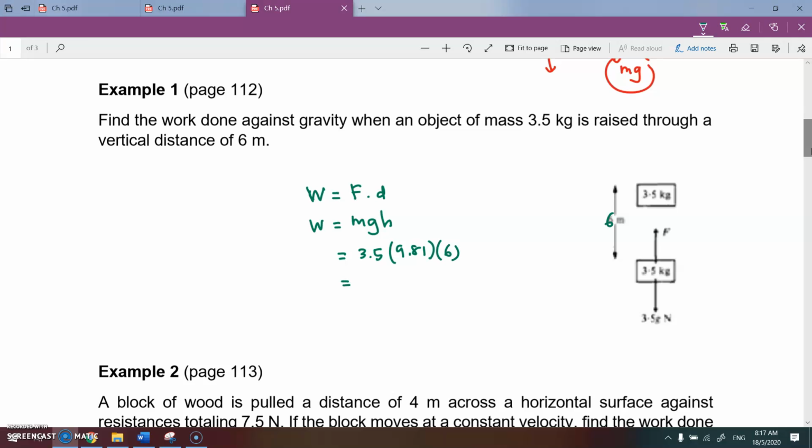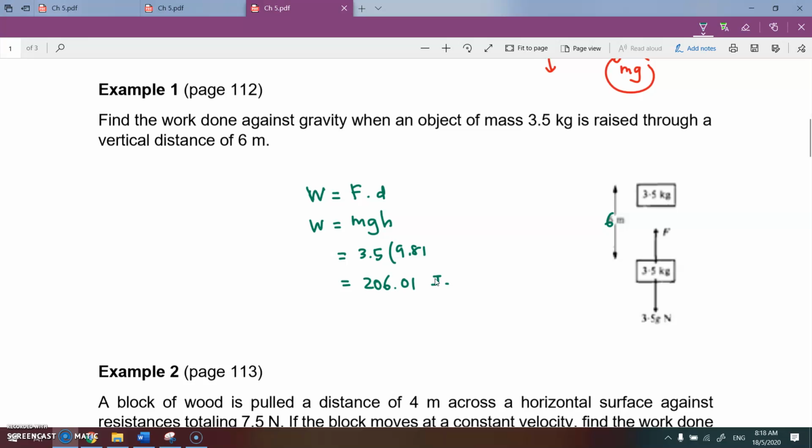So your answer would be 205.81 joules. Since this book uses gravity as 9.8, the calculation would be a little different. If we use 9.81, we will get 206.01 joules.